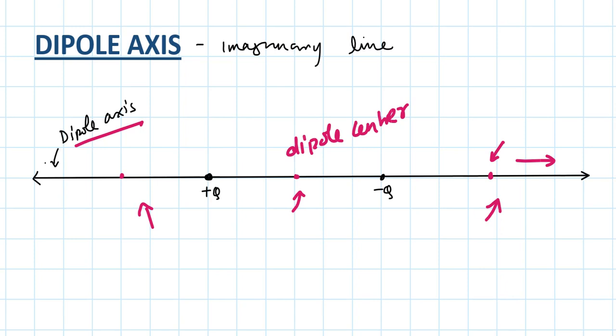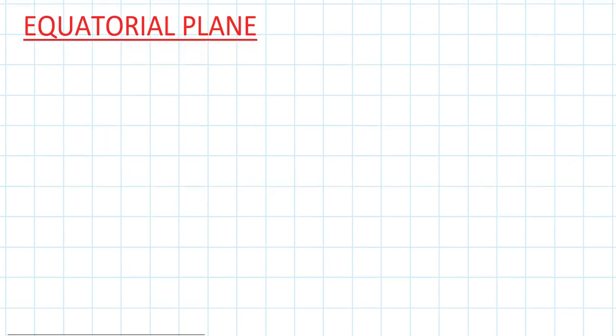So let us move on and get introduced to the equatorial plane. Equatorial plane, as the name suggests, is a two-dimensional plane surface. It's also an imaginary plane surface that is located in between the two charges of the dipole.